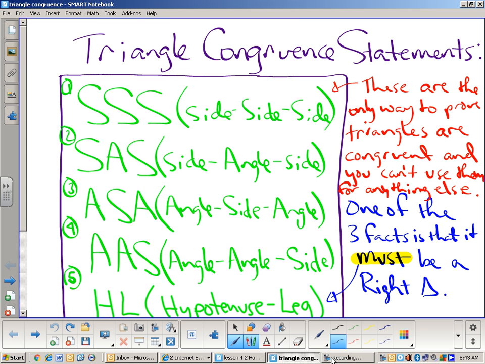So, I don't think I can drag all this over. No. Let me read through it to make sure you can read what it's saying.